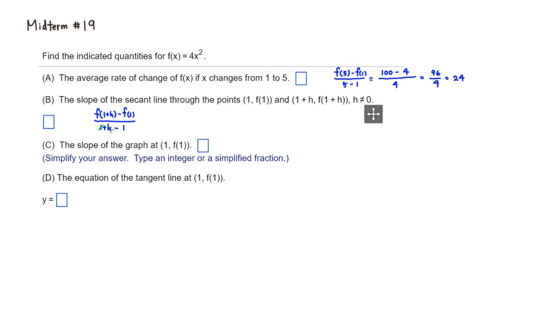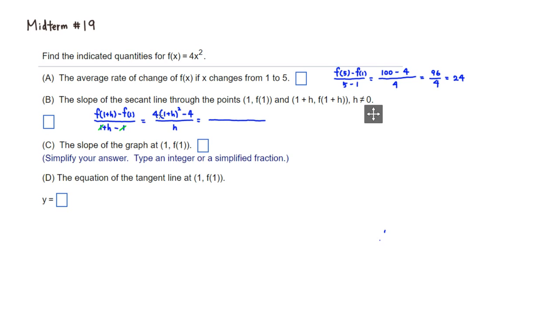First, 1 minus 1, so they cancel out. Then we need to compute f of 1 plus h, which is 4 times 1 plus h squared, minus f of 1, which we already figured is 4, then divided by h. So let's multiply it out.